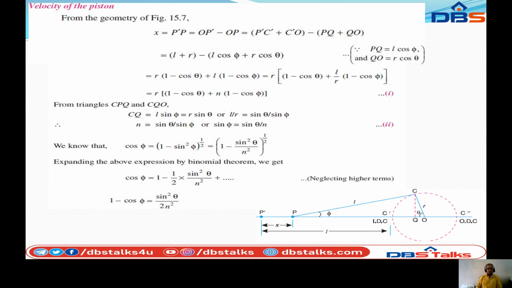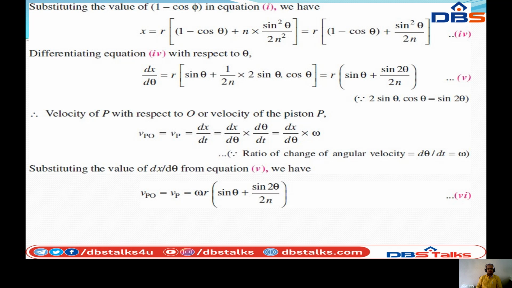Expanding this, we finally get 1 minus cos phi equals sin square theta by 2 n square. Substituting 1 minus cos phi, x is equal to R into 1 minus cos theta plus n into sin square theta by 2 n square, equal to R into 1 minus cos theta plus sin square theta by 2n, as n gets cancelled.